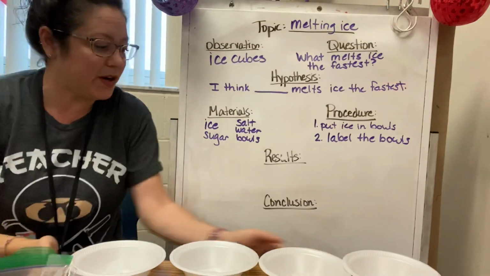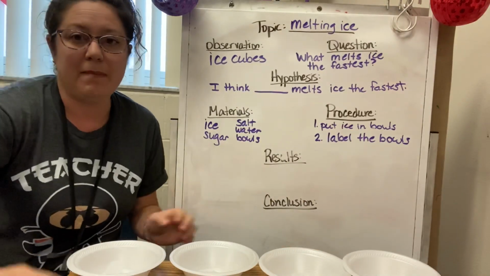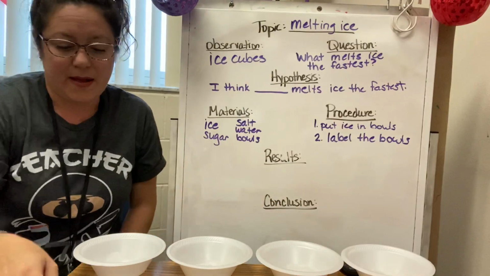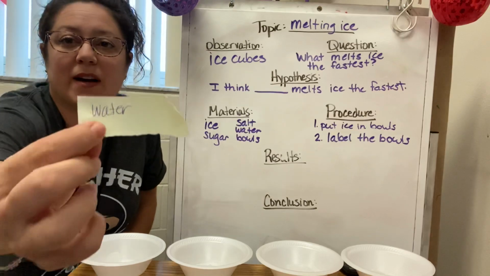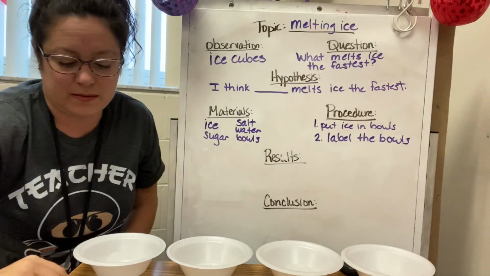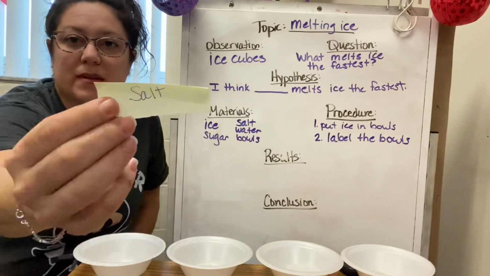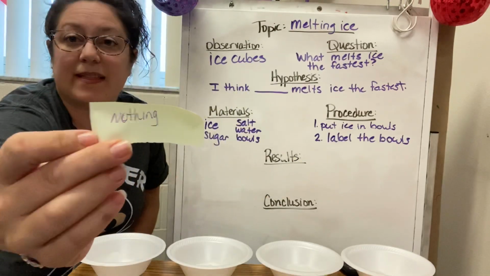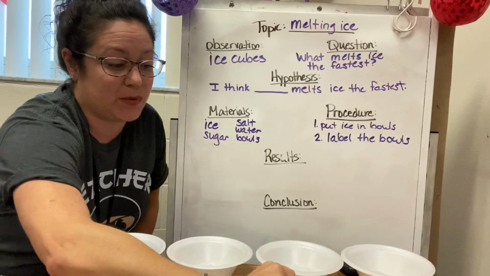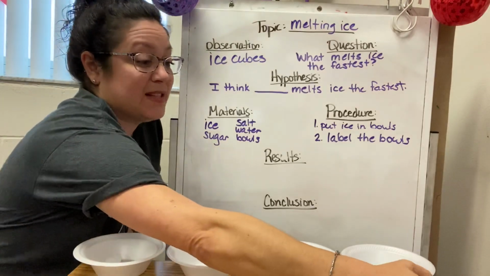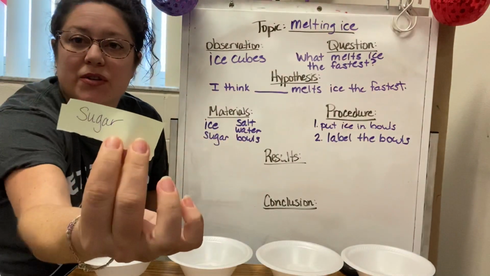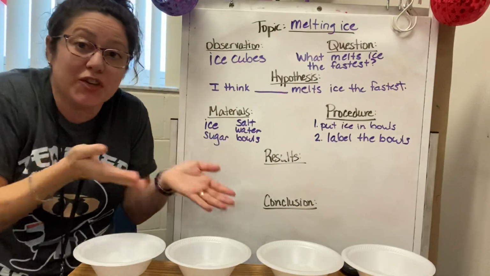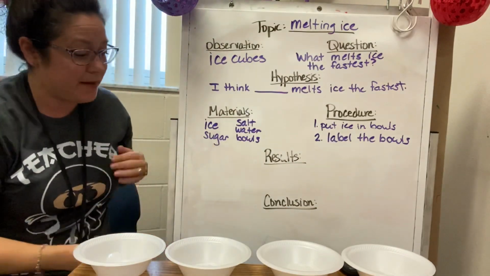So right here are my bowls. And I've put a little sticky note: water, salt, nothing, because we're not going to put anything in this one. We're just going to leave it alone and see what happens. And sugar. So I've labeled each bowl so I know which ingredient is in which one, okay?